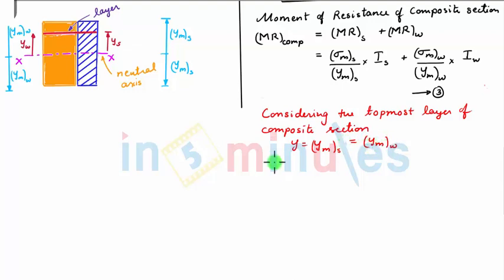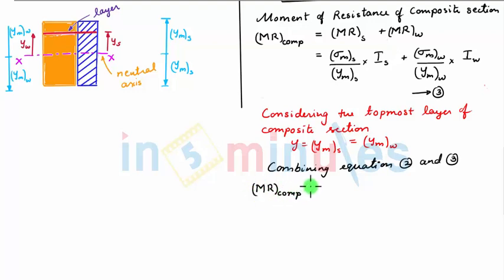So for this layer, combining equations 2 and 3, we can write this expression for moment of resistance of the composite section as MR of composite section is equal to sigma max of wood upon y max of wood, the whole multiplied by I of wood plus m times I of steel. This we get by substituting the value of sigma max of steel as m times sigma max of wood.